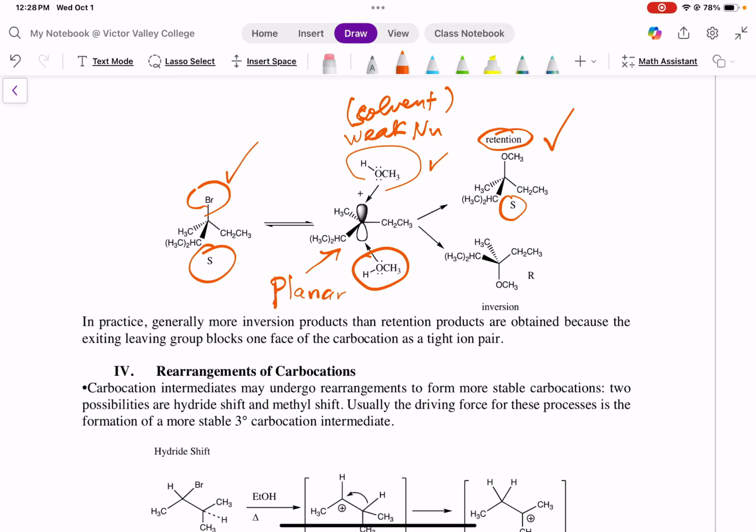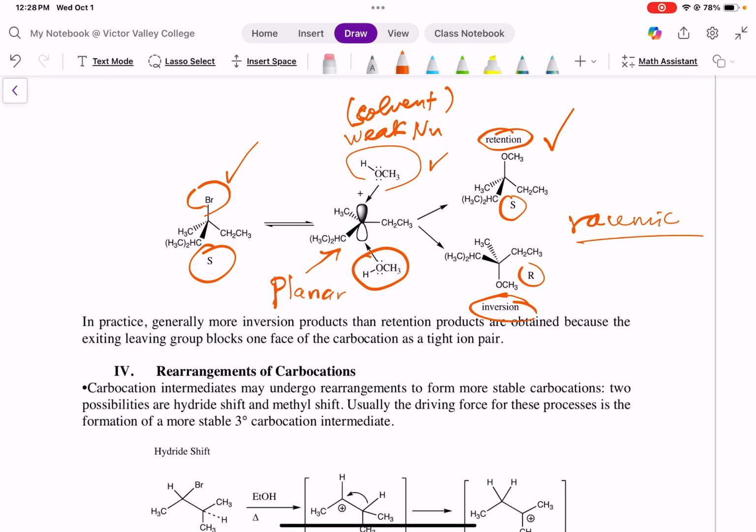Now, if it's coming from the bottom, because it's planar, it can come from top or bottom. If it comes from the bottom, you get the inversion, meaning the other enantiomer, the R. So we got a mixture, 50% each, right? So we got two products. Remember, with SN2 you only get one product.